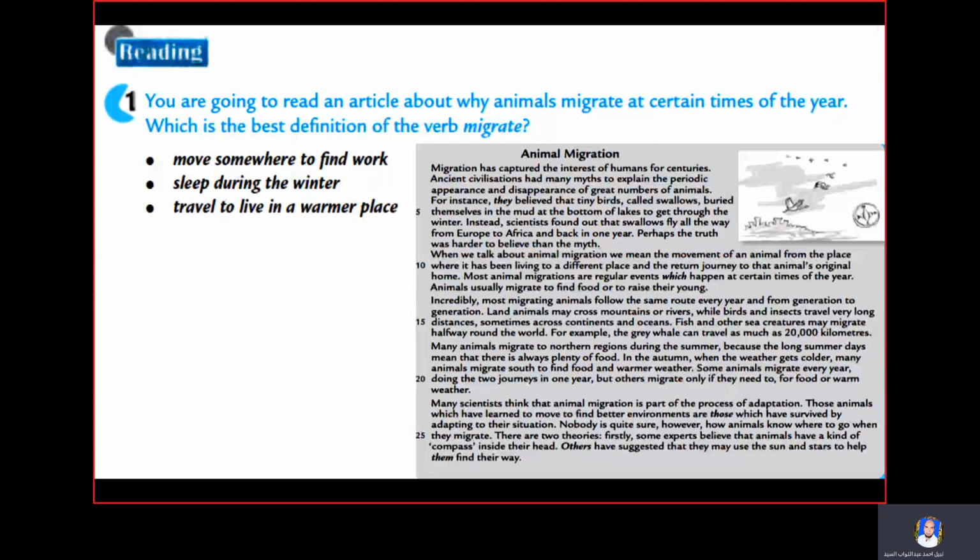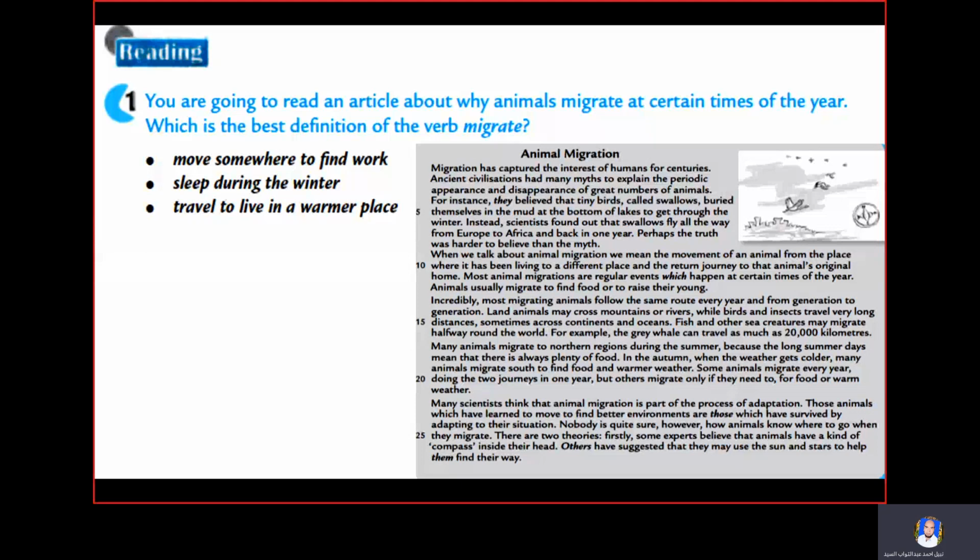Many animals migrate to northern regions during the summer because the long summer days mean that there is always plenty of food. In the autumn, when the weather gets colder, many animals migrate south to find food and warmer weather. Some animals migrate every year, doing the two journeys in one year, but others migrate only if they need to, for food or warm weather.